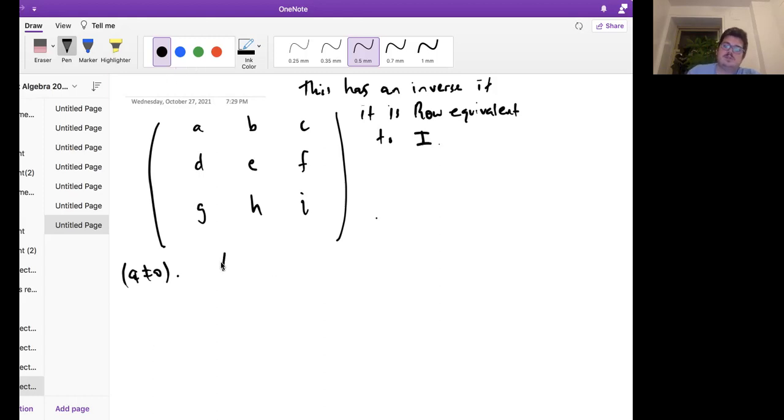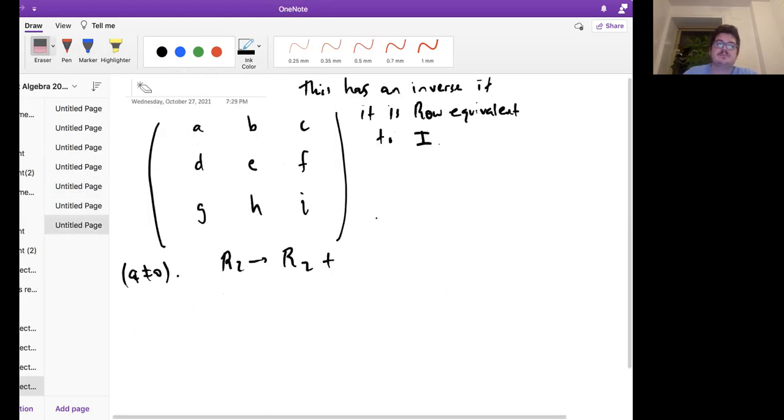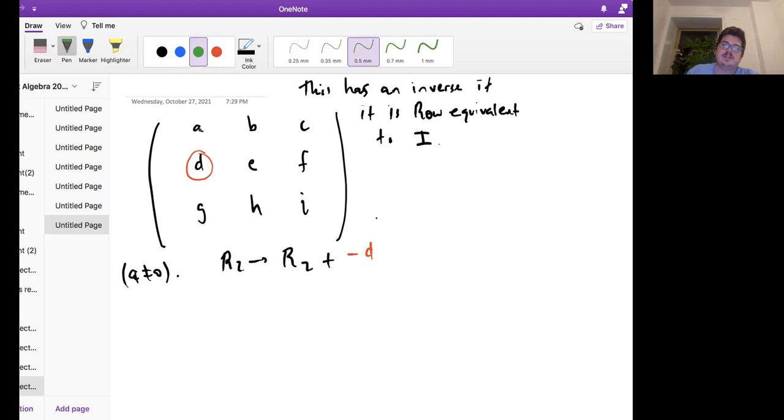Okay, we do row 2 goes to row 2 plus, not a row 1, because a row 1 is just a squared. So remember, negative d over a. You want to get rid of d, so you want to subtract d somehow, but there's this a in the way, so you want to divide out by a.